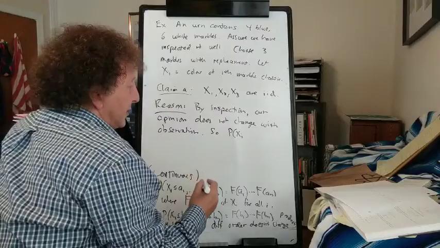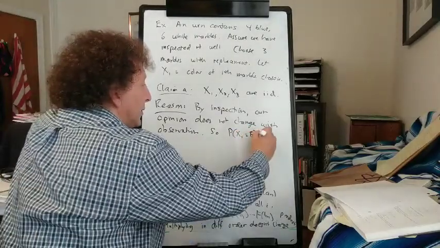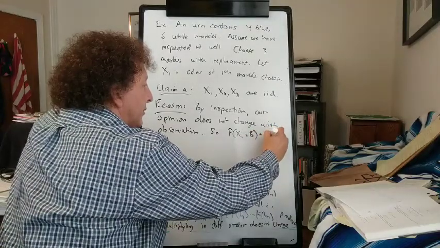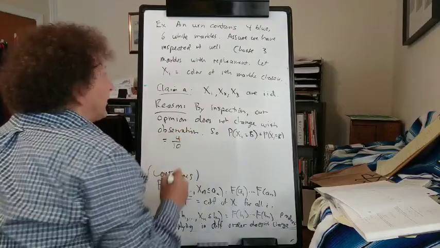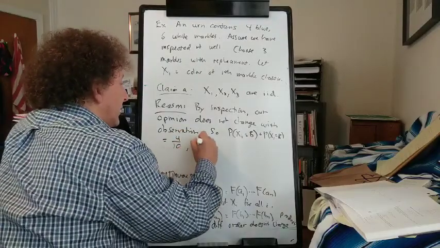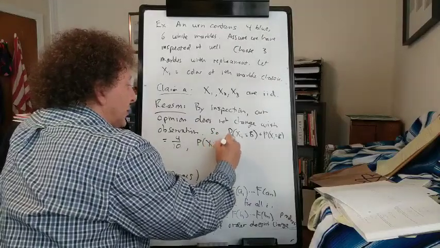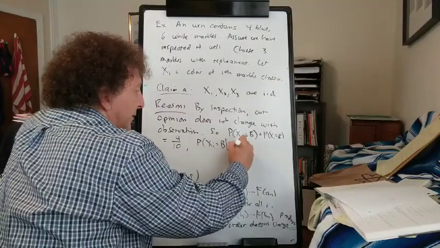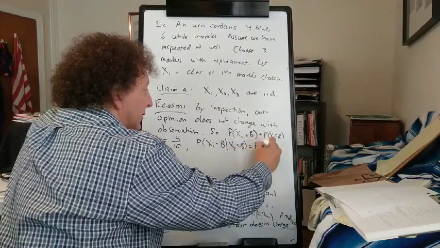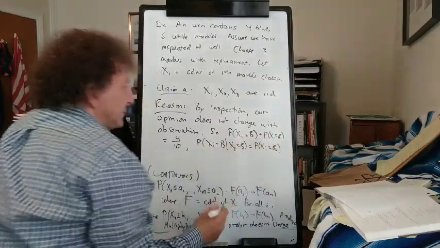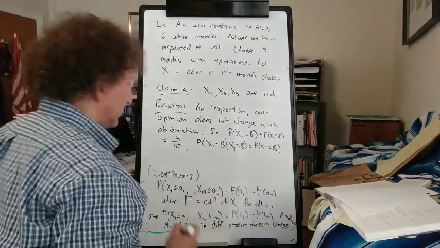So the probability of the ith choice being blue is just the probability of the first choice being blue, which is 4/10. And the probability of xi being blue given x1 being blue is just the probability of xi being blue. This earlier observation doesn't change our opinion at all.